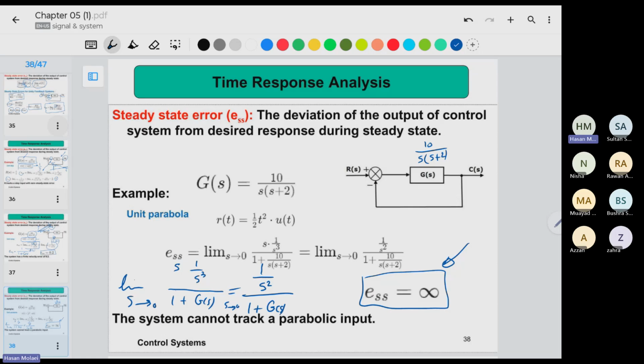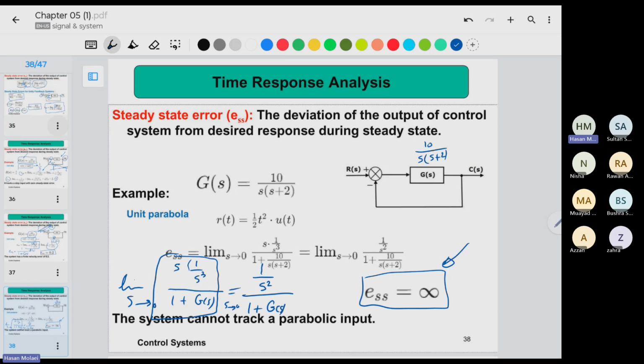So for this kind of input, like the parabolic input, if you write the equation for the error, it's something like this, right? The input is 1 over S cubed, and then you multiply it by S and take S to 0. So in the numerator, you have this 1 over S squared, which tends to become infinity when S goes to 0.